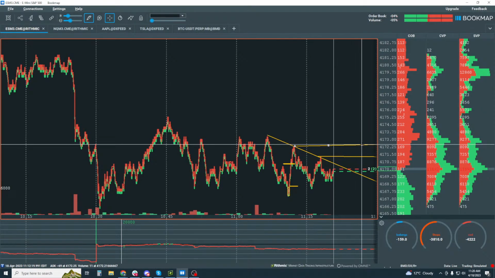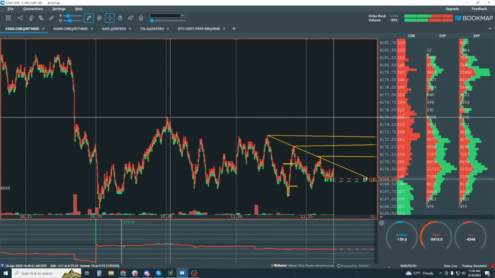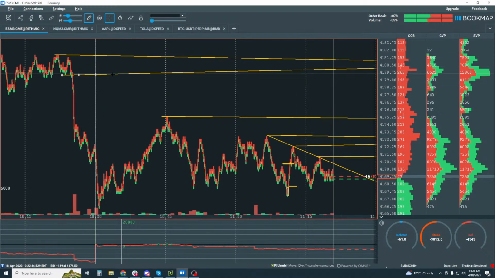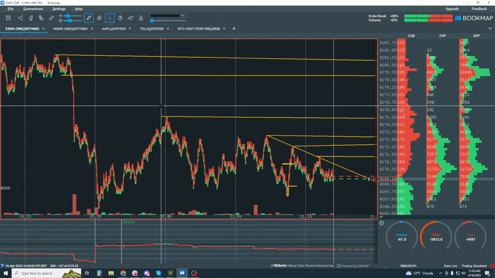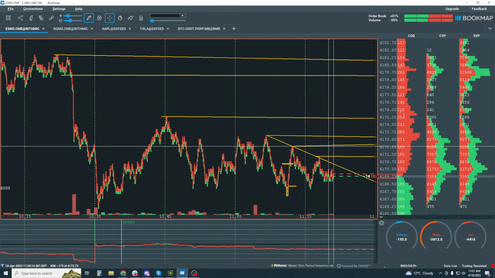This would be the next break, and then this would be the next break. And then a test up to here, and then a test up into maybe here, right? Or into this zone up in here, where it broke from. Okay, so that's what we need to see.